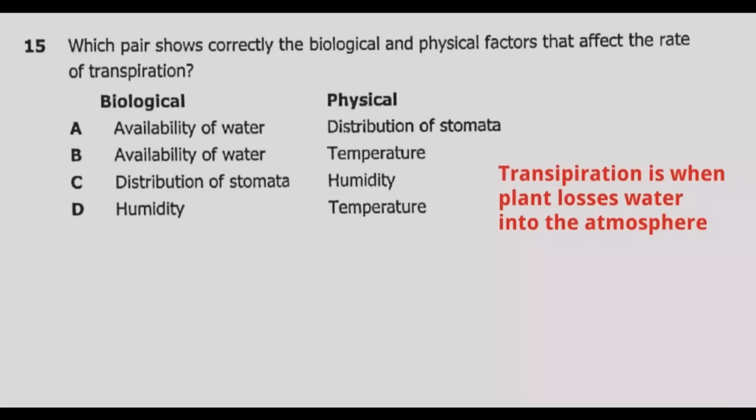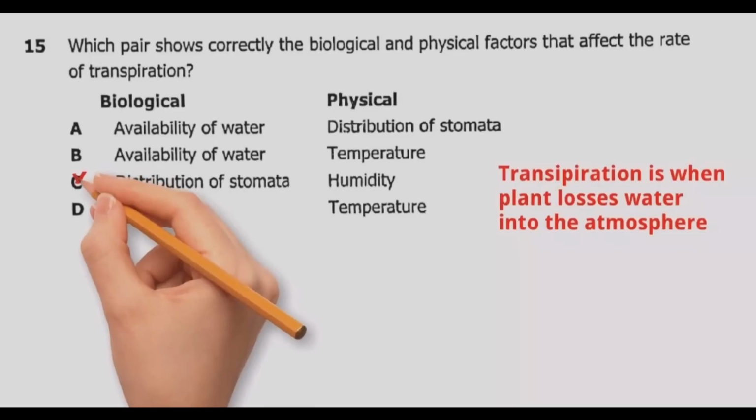No. D, distribution of stomata. No, so it has been swapped. B, availability of water, that is physical, and temperature is also physical. C, distribution of stomata, that is biological, then physical, humidity. Yes, there it's matching. So the correct answer is C.